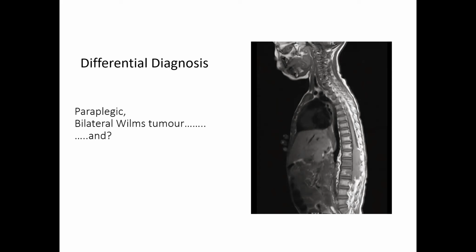Now, this is a situation that I think it's very important that we operate on these children urgently. If you wait and faff around trying to make a diagnosis here, the paraplegia is going to become permanent. If you operate early and relieve the compression on the spinal cord, then the paraplegia can resolve, as it did in this instance.